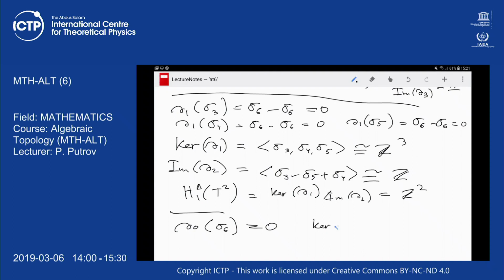So the kernel of D0 is just generated by sigma 6. Now we want to consider the image of D1. D1 acts always trivially, so the image of D1 is trivial.